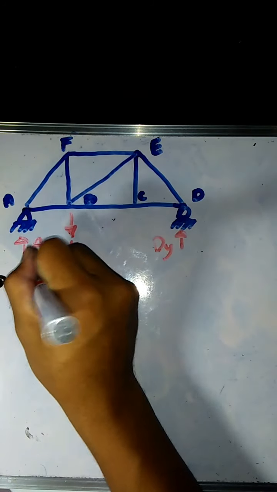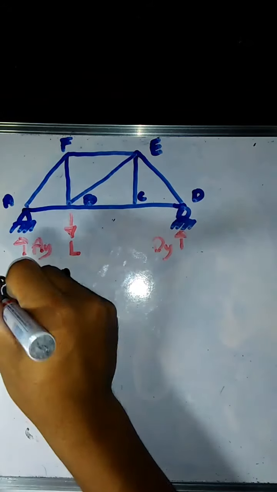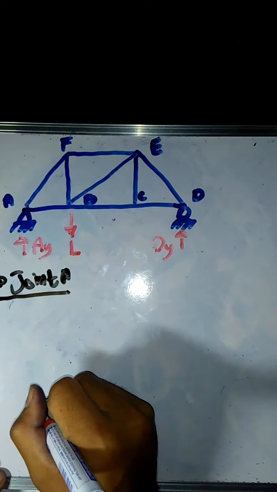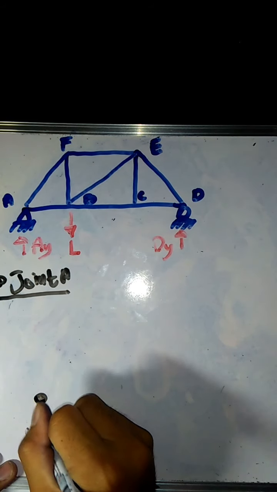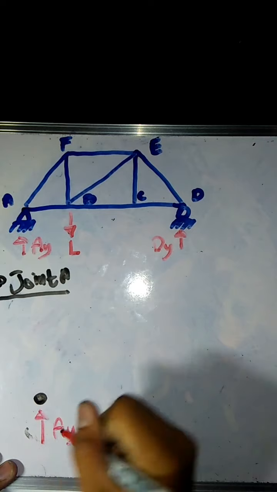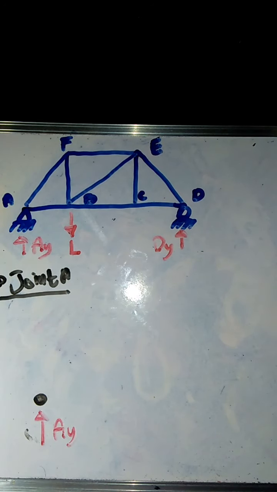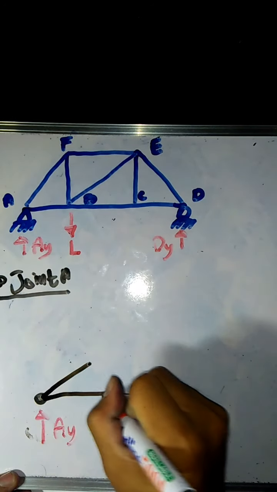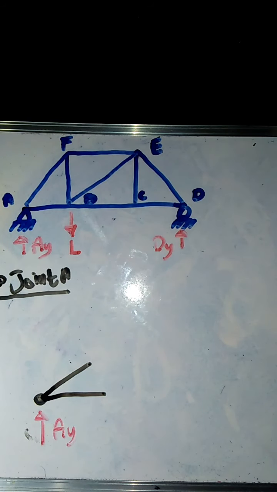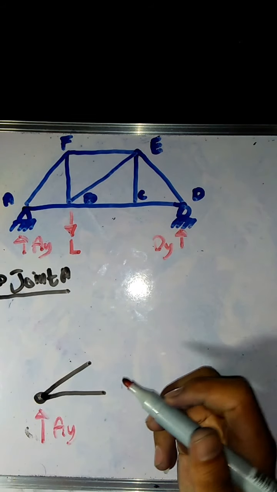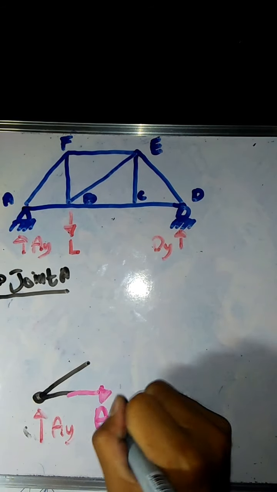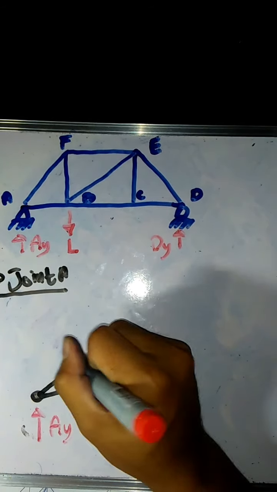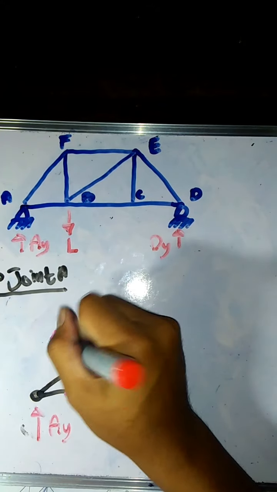Kung titingnan natin sa joint A, meron tayong AY, tapos yung na-solve natin kanina, ito yung AB at saka ito yung AF.